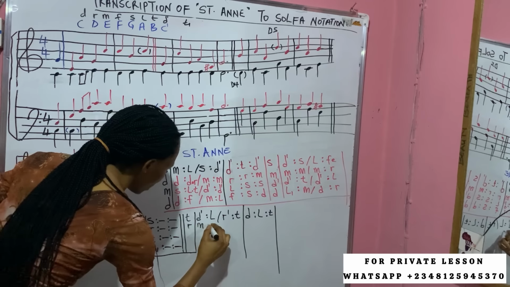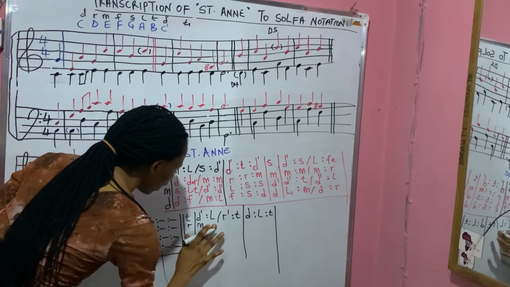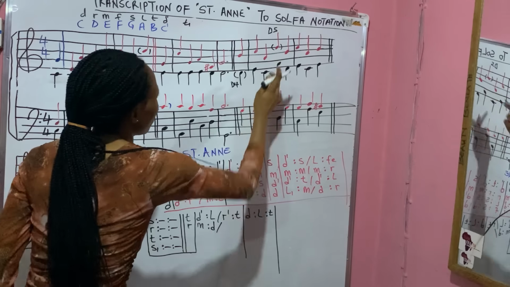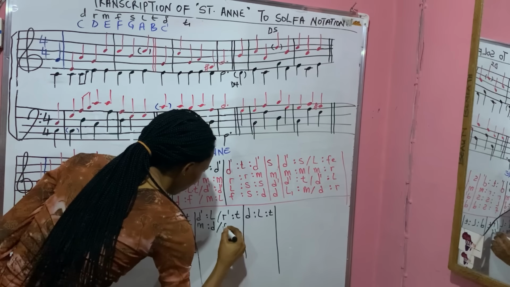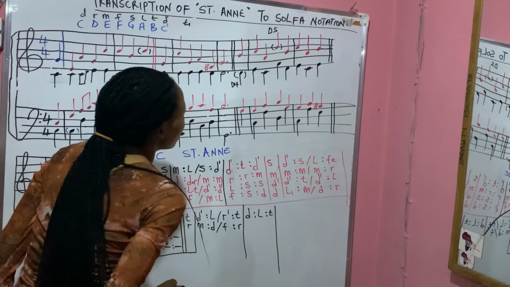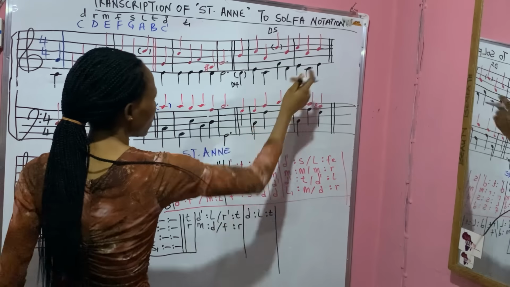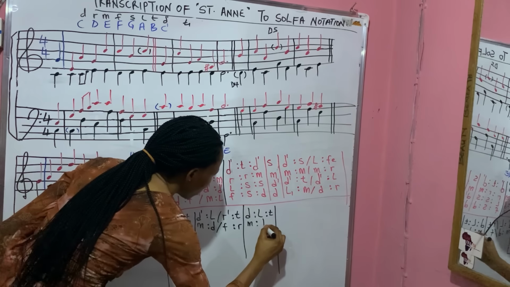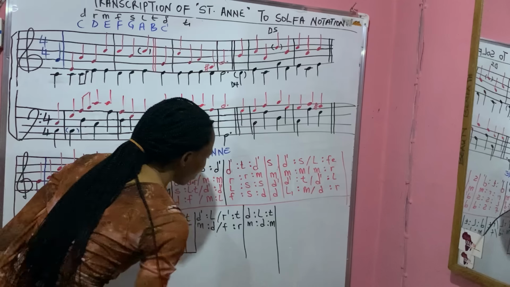And then we have Fa and Re, that's F and D. Then we have Mi, Do, Mi, that is E, C, E.